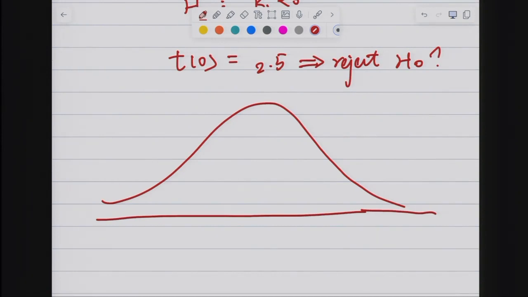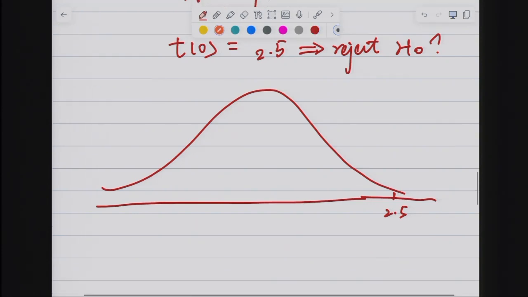A t-value of 2.5 means that it lies somewhere here. If we attempt to reject the null hypothesis in favor of a lower tail alternative, where should the test statistic lie? It should, of course, lie in the lower tail.